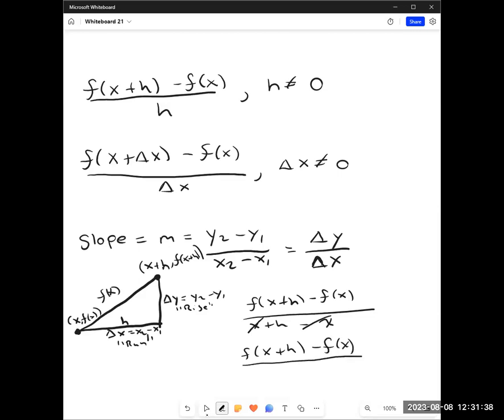So all it really is is the slope formula, and we know the restriction there: h can't be 0 because I'm not allowed to divide by 0.